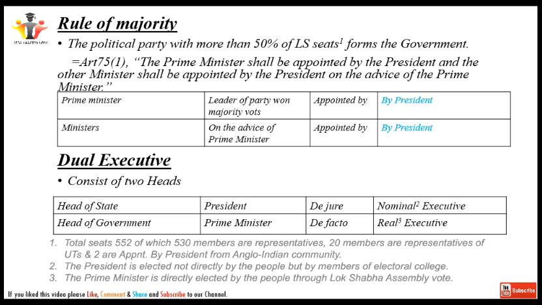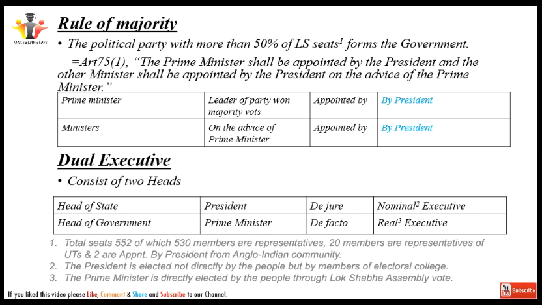The second one is the dual executive. The president is the nominal executive and the prime minister is the real executive. De jure means the titular or by law, and de facto is the real or functioning, whether or not it is described in the law.